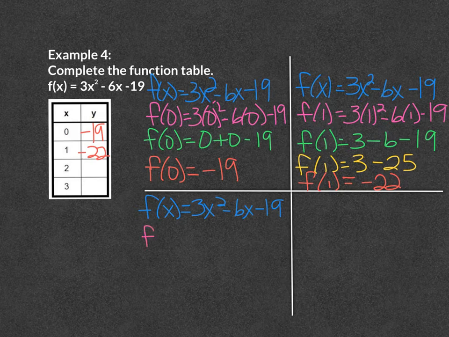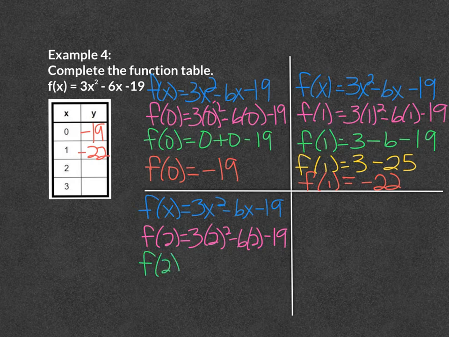So I have f of 2 equals 2 squared minus 6 times 2 minus 19. So now I have f of 2 equals 2 squared is 4 times 3 is 12 minus 6 times 2 is negative 12. Bring down negative 19.